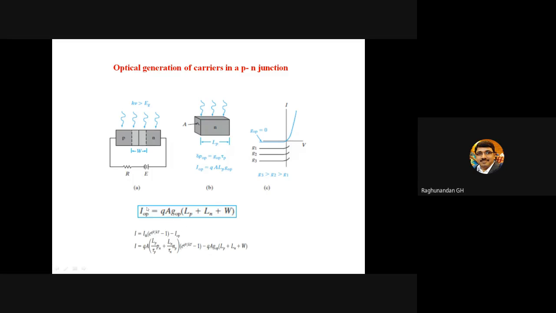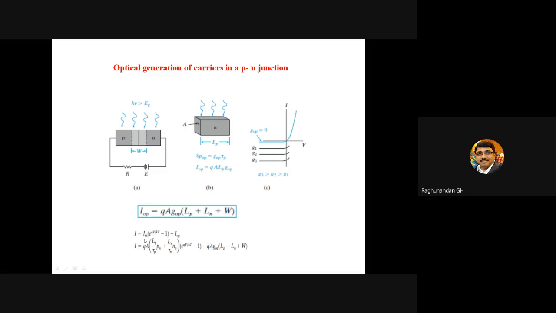The more the generation rate, the more the current. After that, LP indicates the length of the P layer, LN indicates the length of the N layer, and W indicates the width of the depletion layer. The optically generated current depends on all these things.